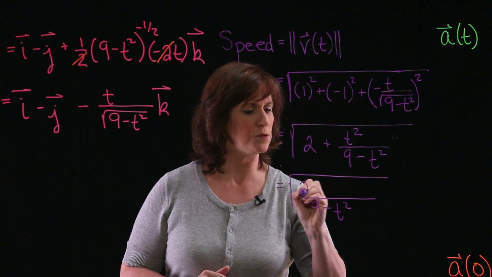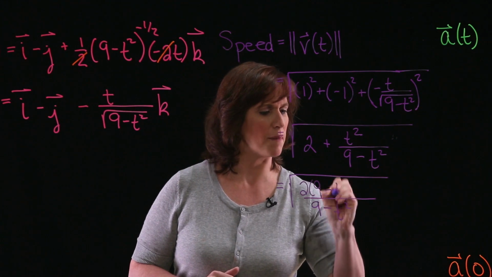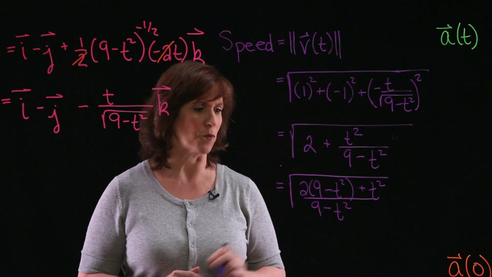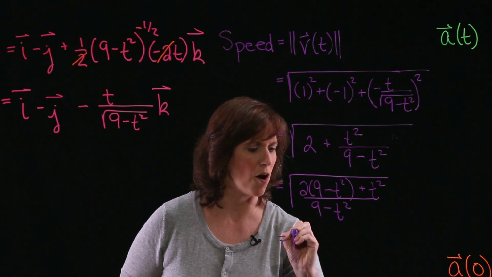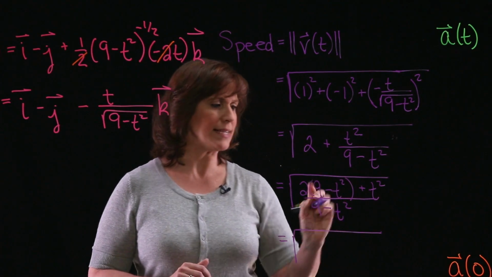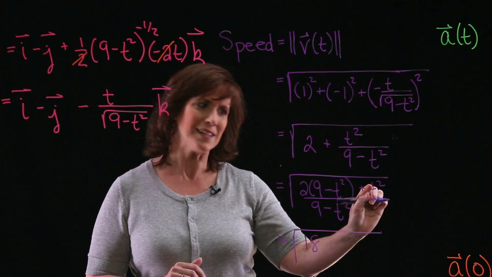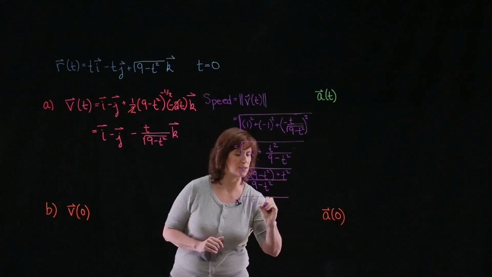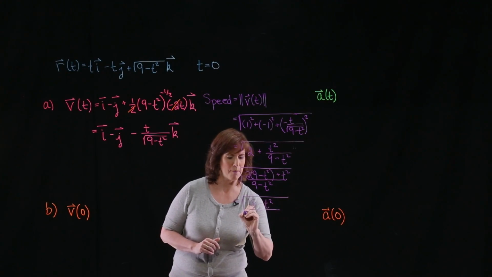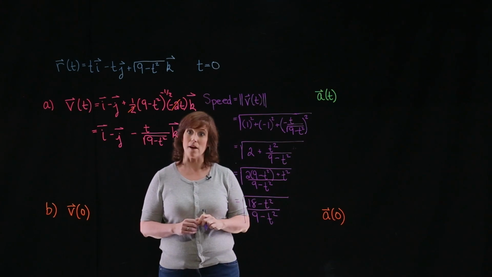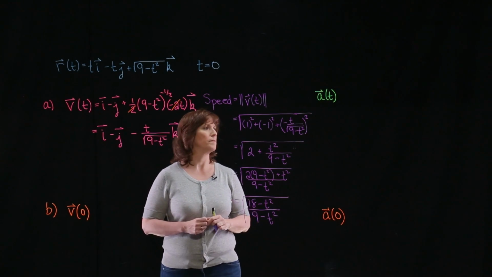And this will become 2 times the quantity 9 minus t squared plus t squared in my numerator. And that all reduces, I'll have an 18 minus 2t squared plus t squared, so that'll be 18 minus t squared in my numerator, and my denominator is 9 minus t squared. That gives me the speed.